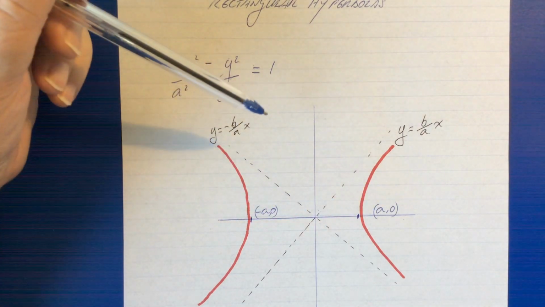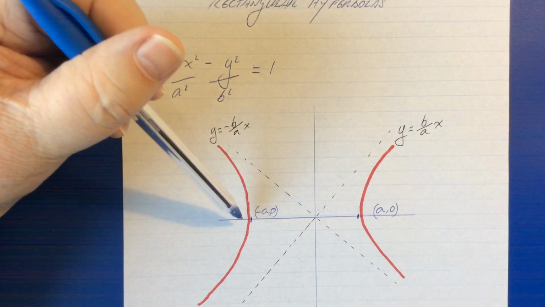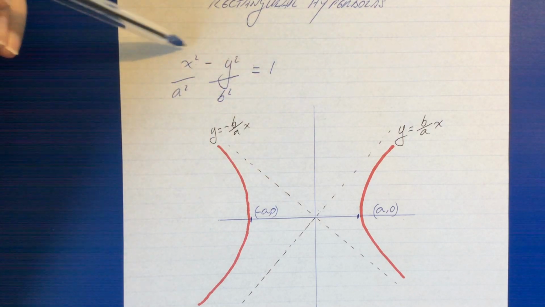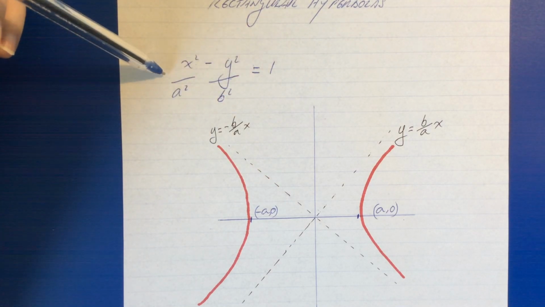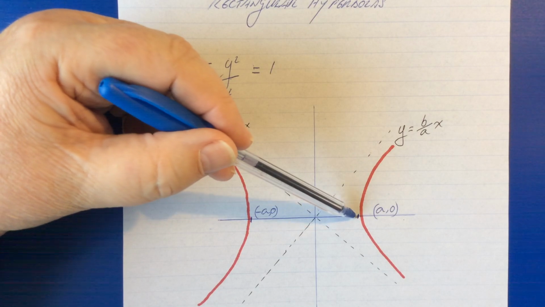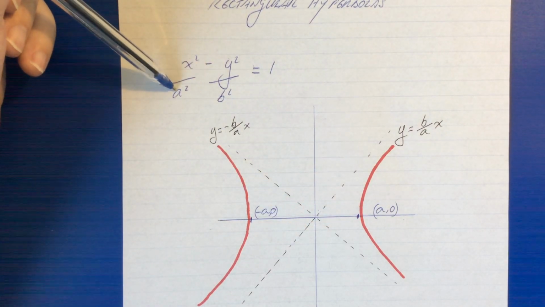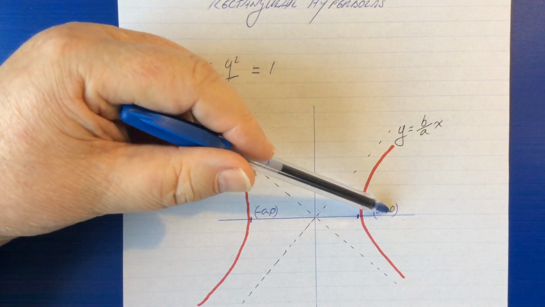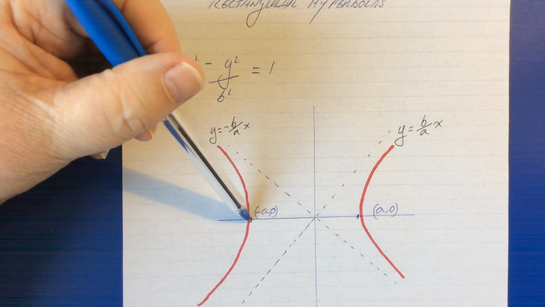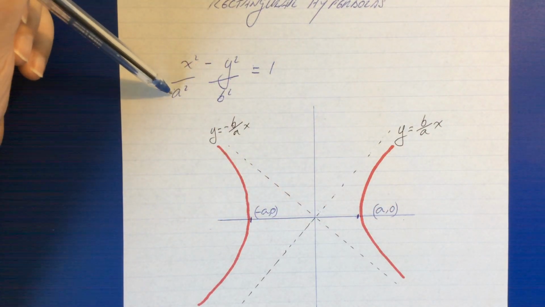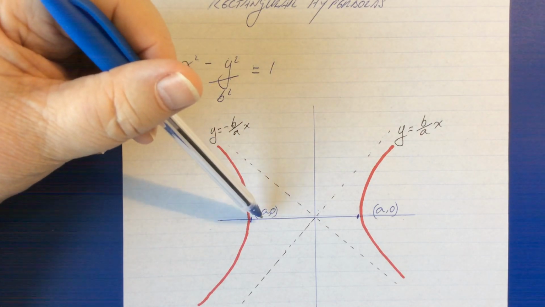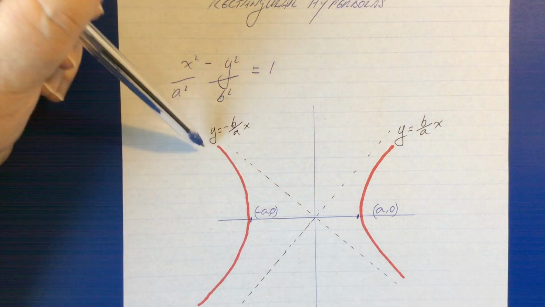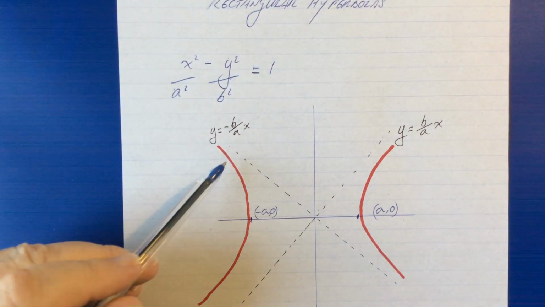And again, these are fairly easy to calculate once you've got your hyperbola in this form. The intercept here is a, the square root of this, positive a, 0. And the intercept here is the negative square root of this, negative a, 0. And that's pretty much it.